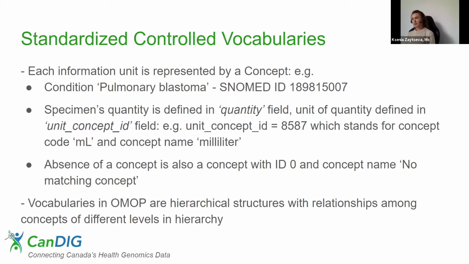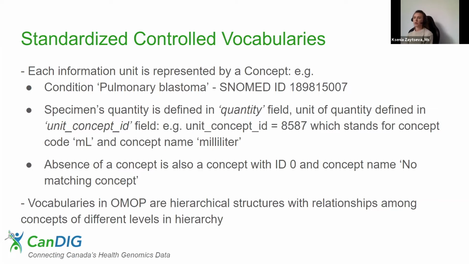For example, a specimen's quantity is defined in the quantity field, but the unit of the quantity is defined in the unit concept ID field. And the unit concept ID will have a concept code and a concept name, milliliter. This is just an example, it can be any other unit, but all of them should be defined by a concept that comes from curated control vocabularies.